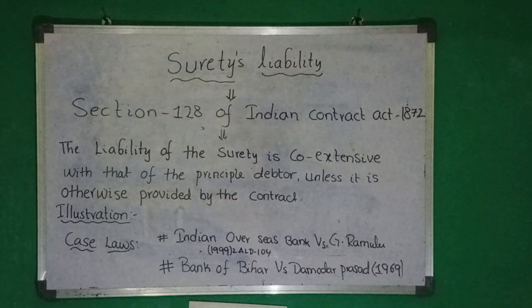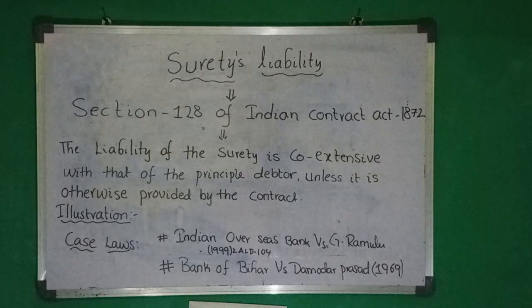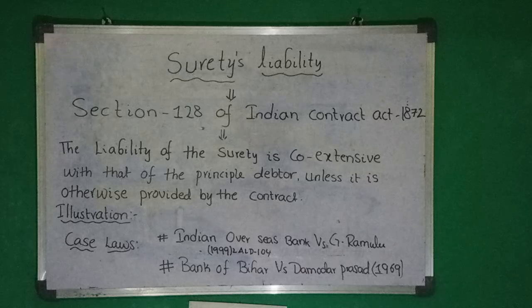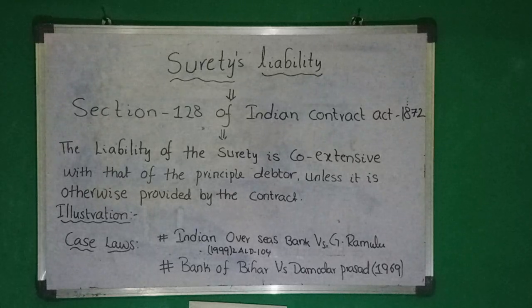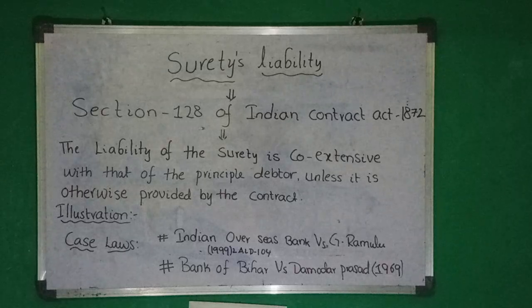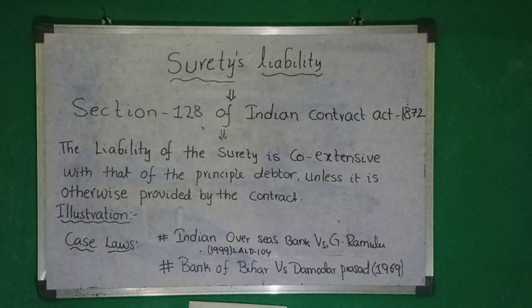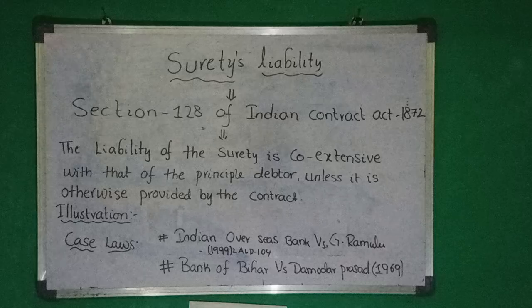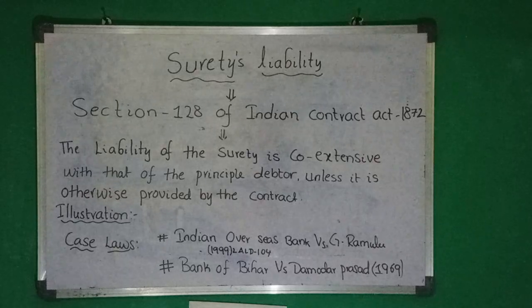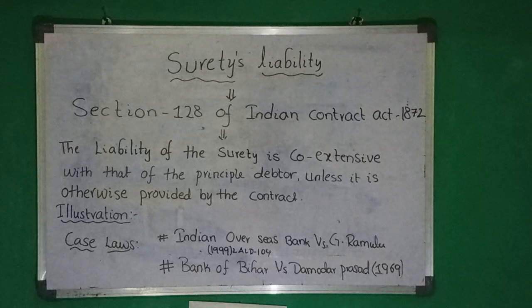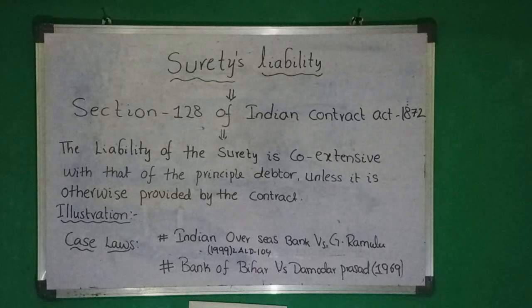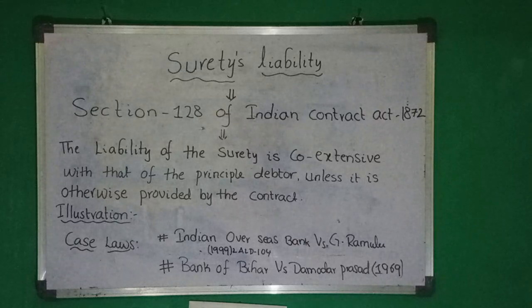The expression coextensive with that of the principal debtor shows the maximum extent of the surety's liability. Whatever the extent a principal debtor has to pay, that will be the accountability to be taken by the surety.